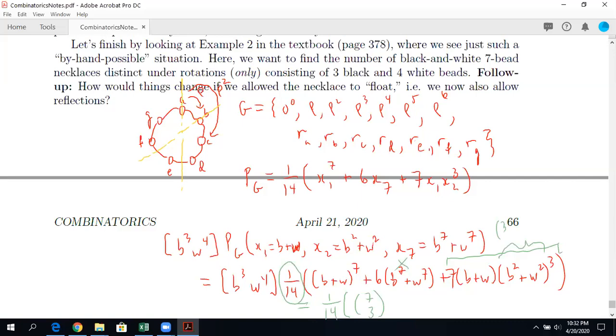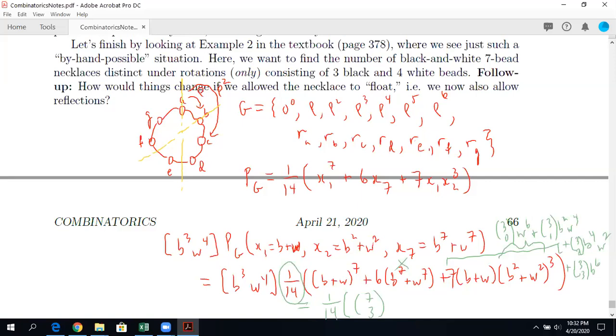So let me just do 3 choose 0, w to the 6th, plus 3 choose 1, b squared w to the 4th, plus, b to the 4th w squared, so that's 3 choose 2 actually, plus 3 choose 3, b to the 6th.